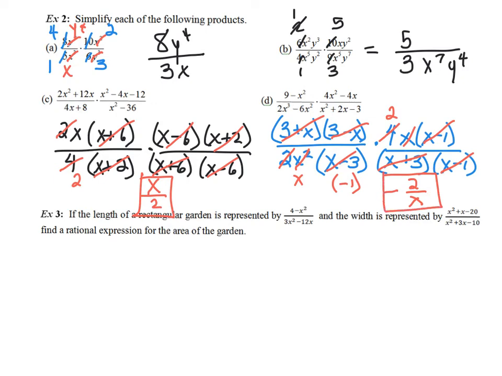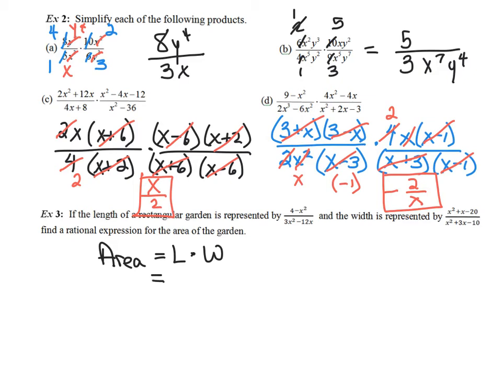Let's look at example number 3. If the length of a rectangular garden is represented by 4 minus x squared over 3x squared minus 12x, and the width is represented by x squared plus x minus 20 over x squared plus 3x minus 10, find a rational expression for the area. So when I'm talking about a rectangle, I know that area is equal to length times width.